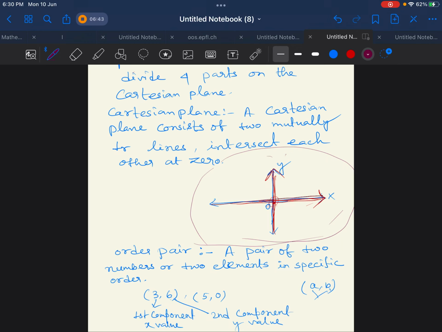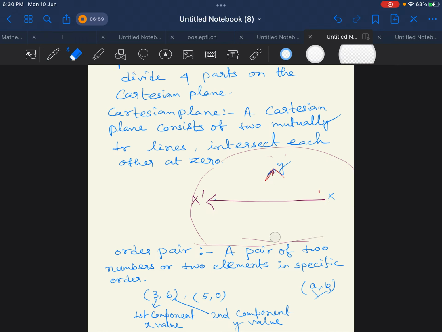This plane consists of two mutually perpendicular lines. This is the horizontal line and this is the vertical line.